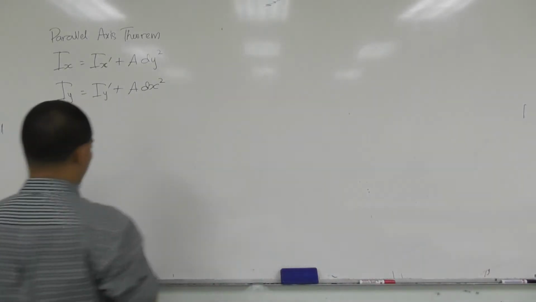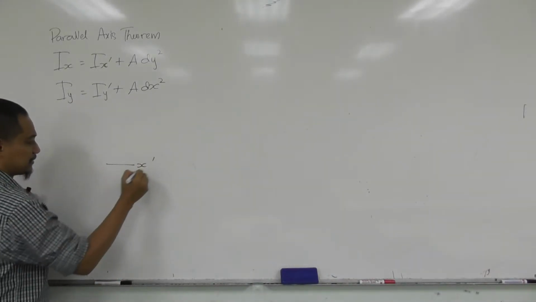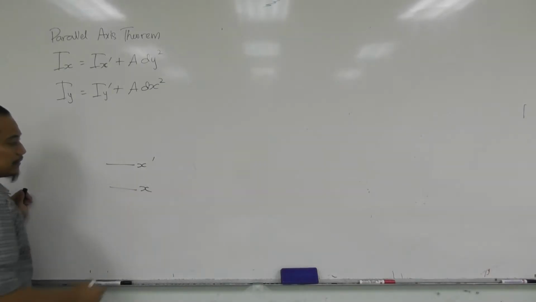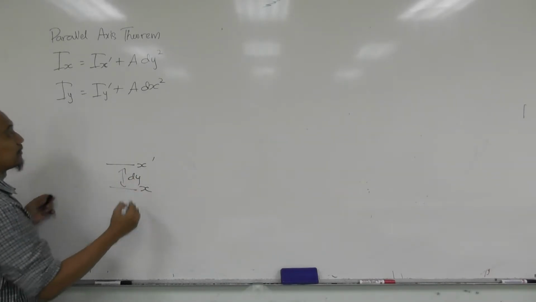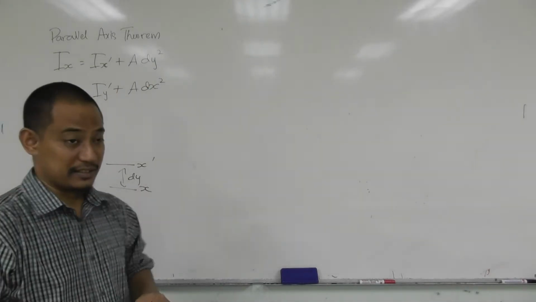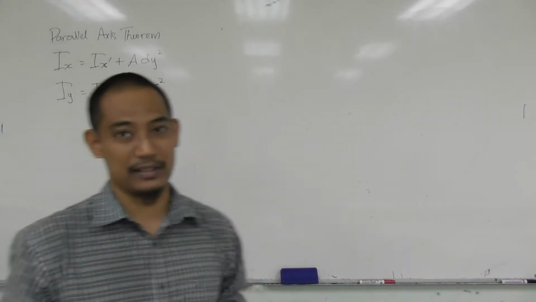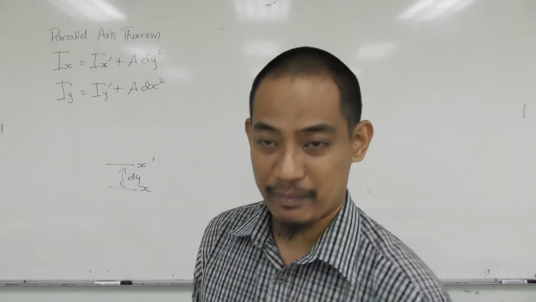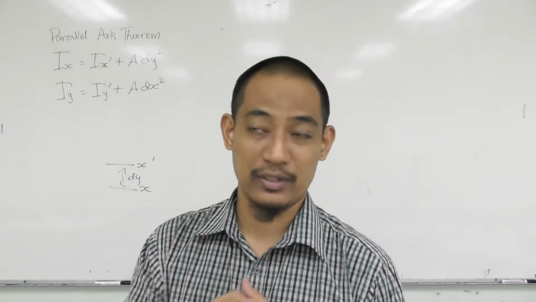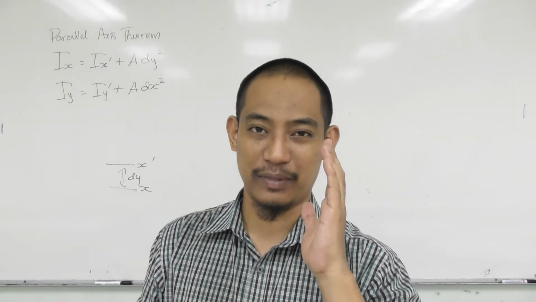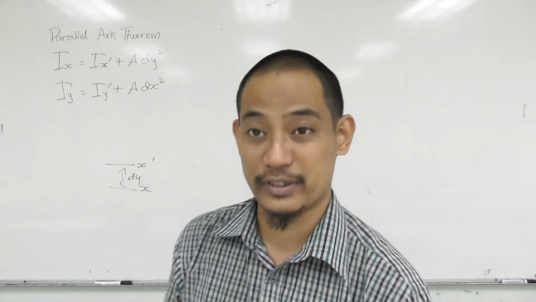So basically, if you have the x prime axis and x axis, the distance between them is dy here, right? And A is just the area, and the x prime axis by definition is the x-axis that goes through the centroid. The y prime axis by definition is the y-axis that goes through the centroid.